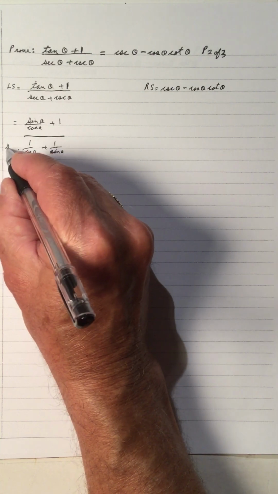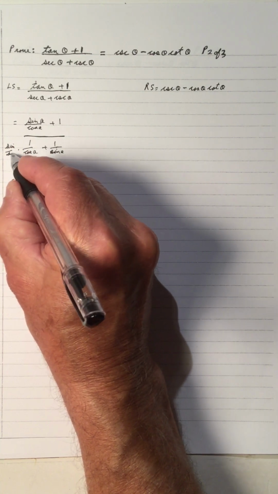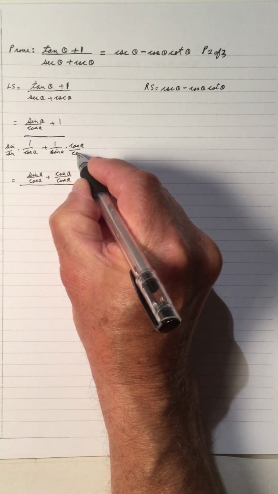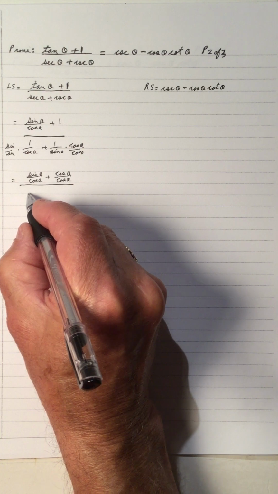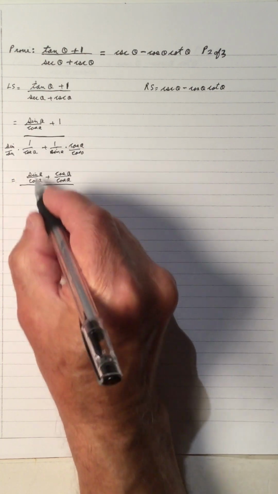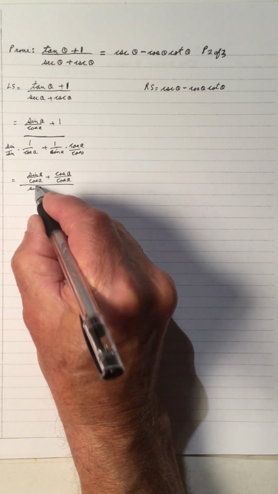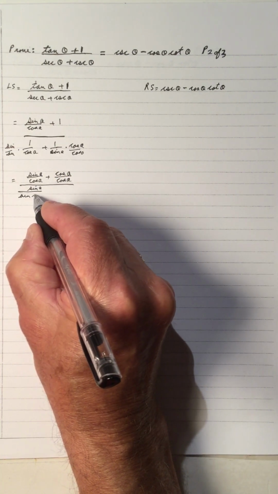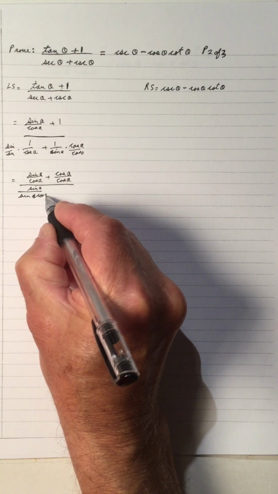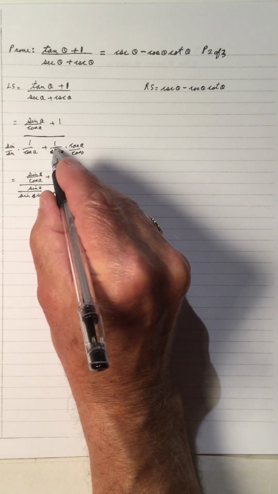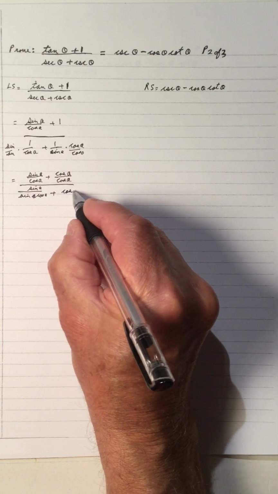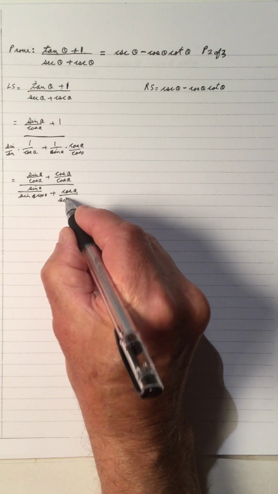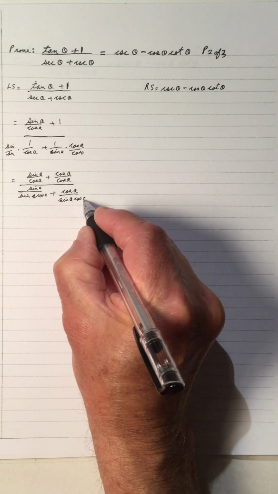So I'll multiply this one by sine over sine, and multiply this one by cos over cos. So that gives us sine times 1 is sine. Sine times cos is sine theta cos theta. And 1 times cos is cos. And sine times cos is sine theta cos theta.